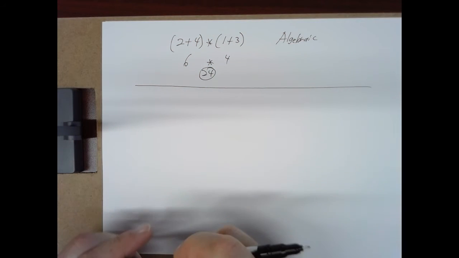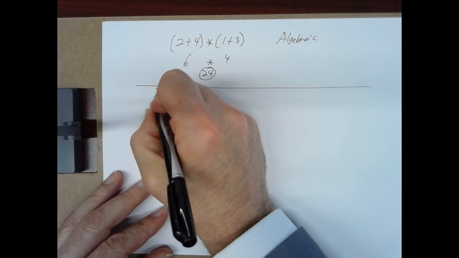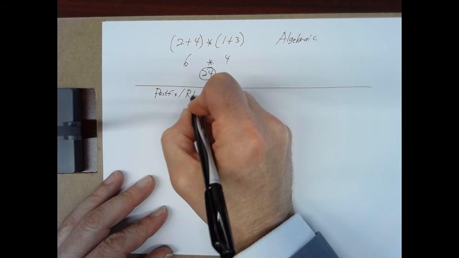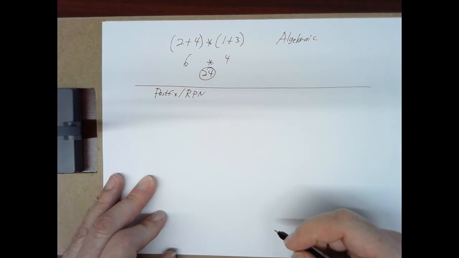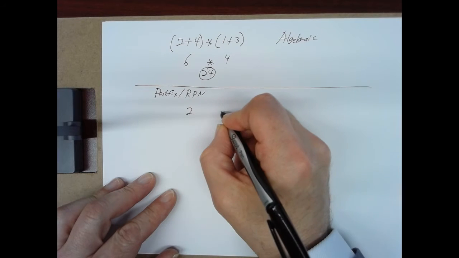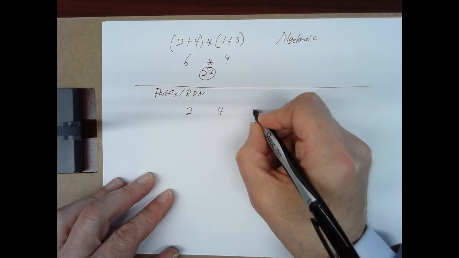Now here's a different way to write an expression. This is called postfix. It's also called reverse Polish notation. And the idea is you list a pair of operands, and then you list an operator.